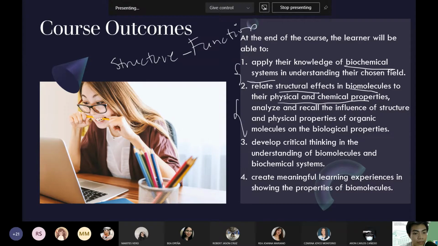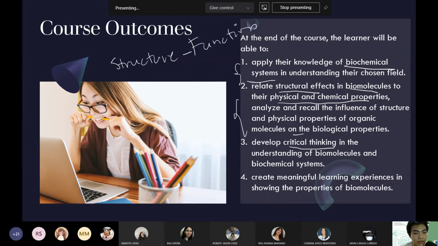And then also we will try to develop critical thinking. So medyo magiging challenging yung mga ibibigay ko sa inyong case-to-case basis na questions kunwari. Kasi basically application na to ng chemistry. So kailangan alam niyo na talaga yung chemistry behind, although I will supplement that.